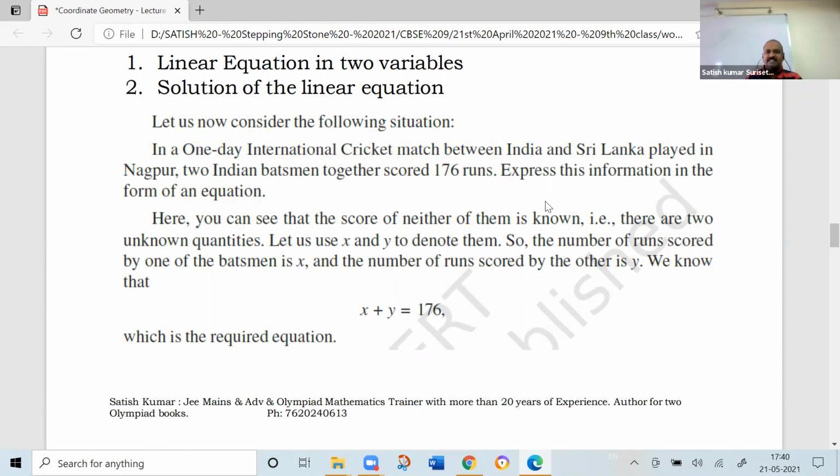Here the score of neither of them is known, so there are two unknown quantities. Let us use x and y to denote them. The number of runs scored by one of the batsmen is x and the number scored by the other is y. Then we can write the equation as x plus y equal to 176, which is the required equation.